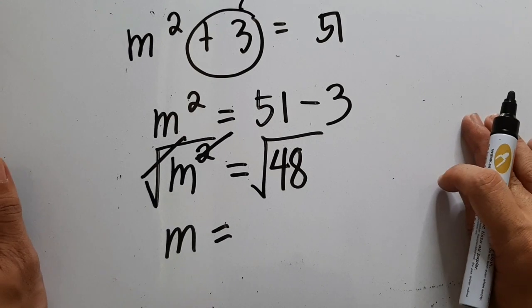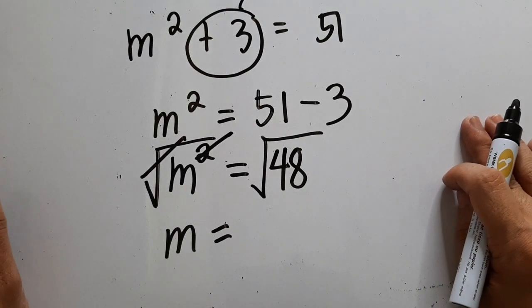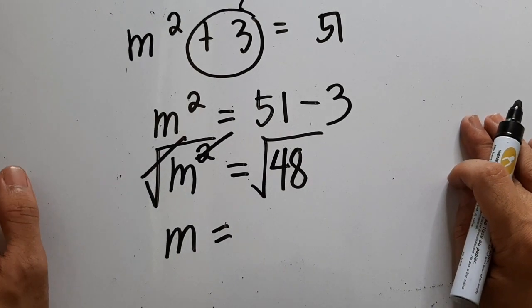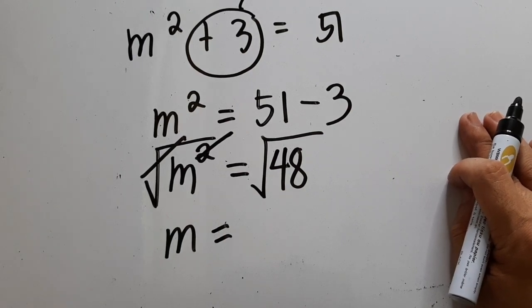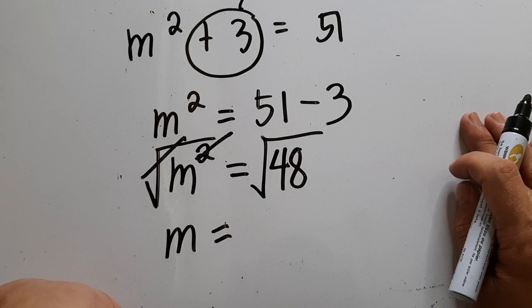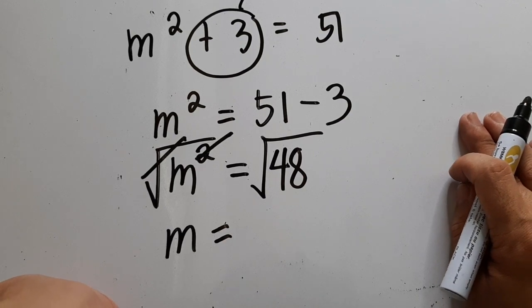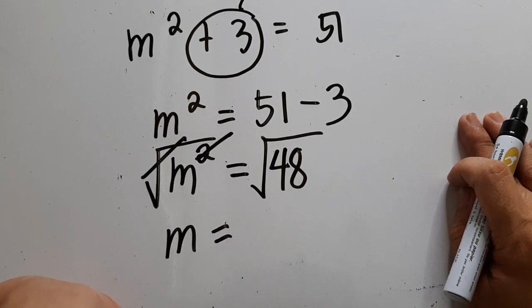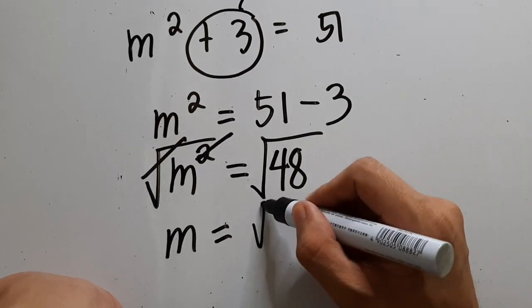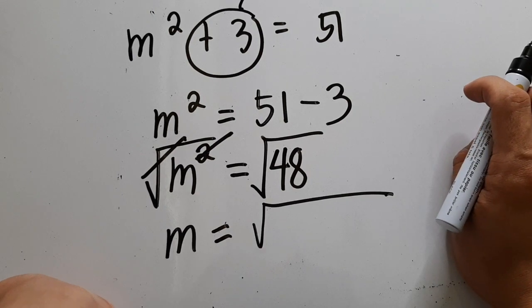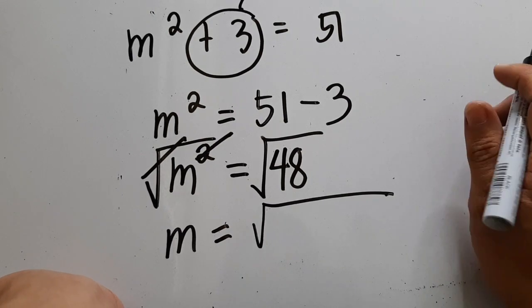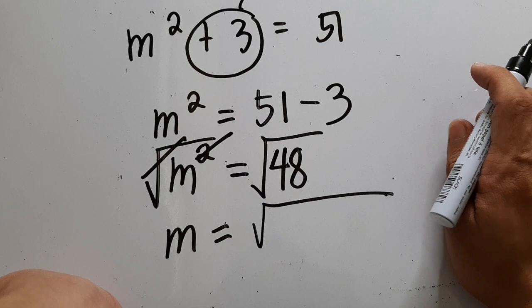Ngayon, if the given number has or doesn't have the perfect square, ang gagawin natin, hahanap tayo or iisip tayo ng number or factor niya na yung isang number meron perfect square. Example, what are the factors of 48? So, the factors of 48 is 6 and 8.